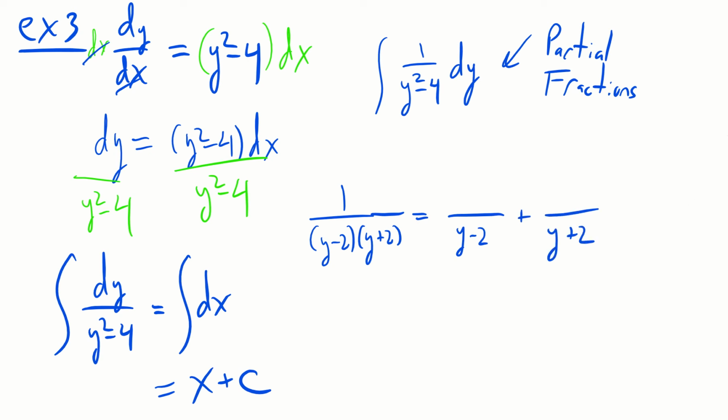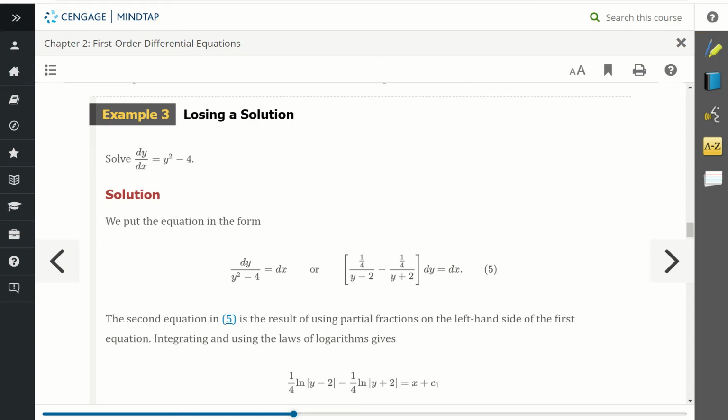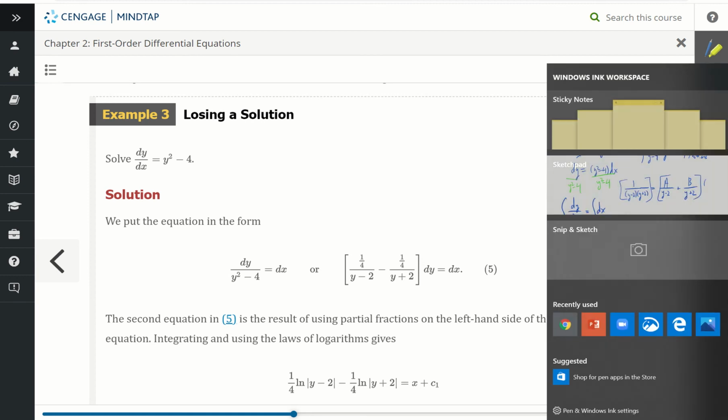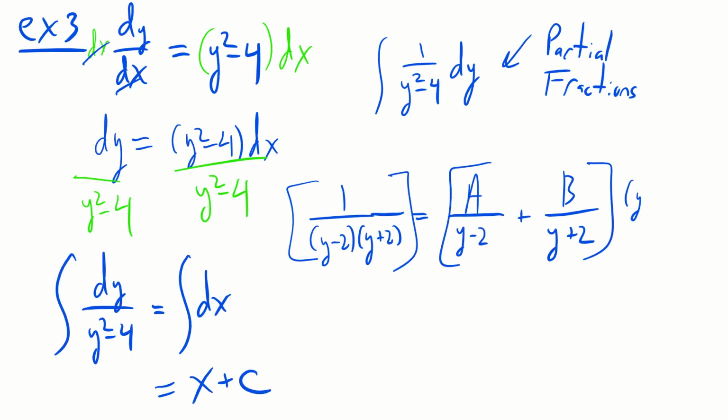Since these are linear polynomials, we could have a constant in each numerator. To solve this, we're going to clear fractions by multiplying both sides by the common denominator, y minus 2 times y plus 2.